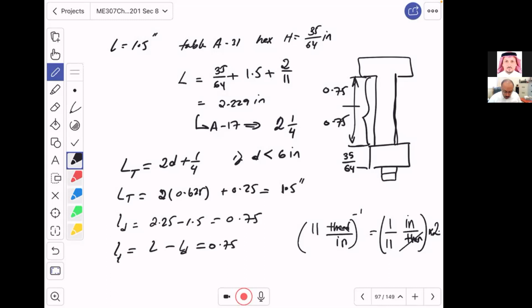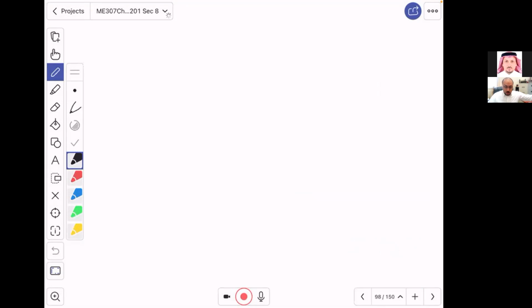When we calculate these numbers, we need to go now to the table and find AT. AT from table A2, you will find to be 0.226 square inches. And AD is equal to pi/4 times the diameter, which is 5/8, 0.625, squared.